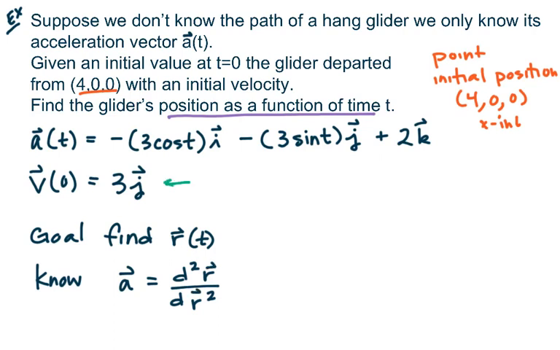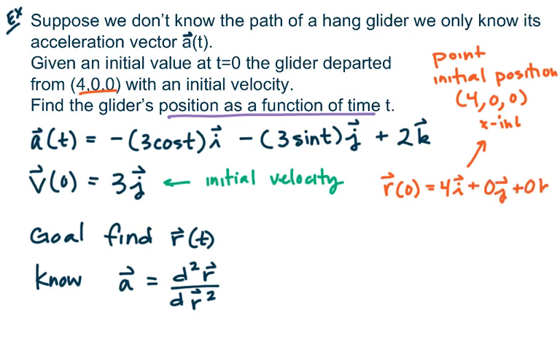We are given the initial velocity, and we're given the initial position. So r of 0 is 4i plus 0j plus 0k, or rather r of 0 is 4 times the i vector.